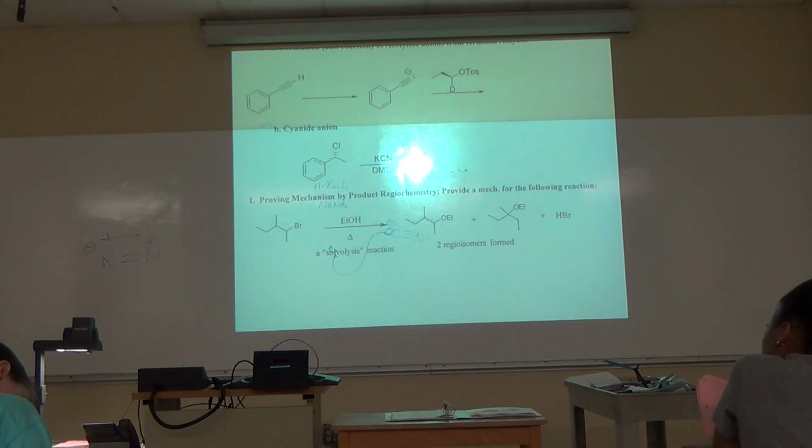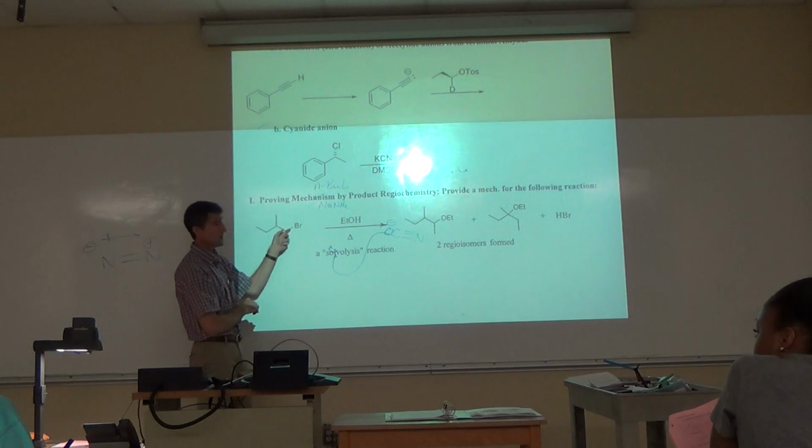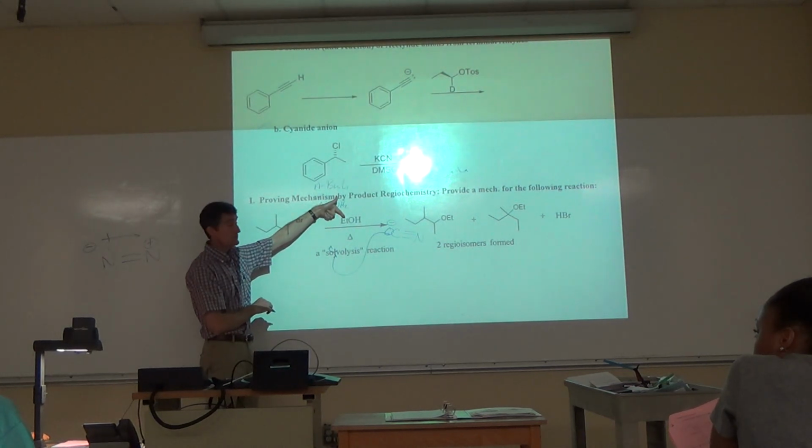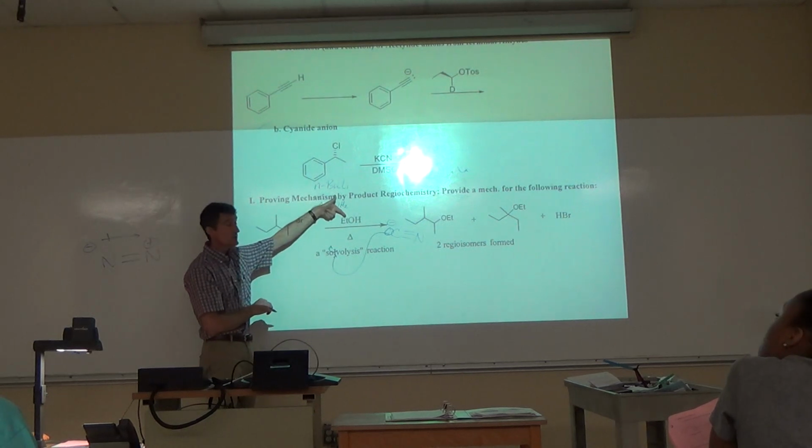Okay. Think about this, try mechanism here. One thing we want to do is assess, is this a strong nucleophile or weak? Well, the only thing here, besides the carbon with the leaving group, is this must be the nucleophile because the oxygen is replacing. Okay, yeah. Strong or weak?